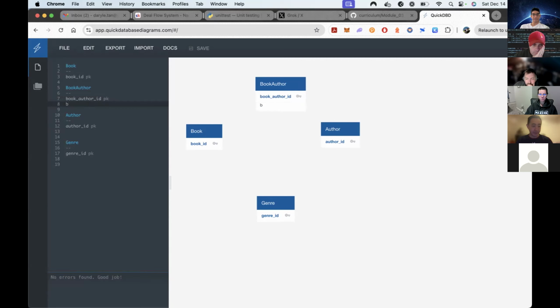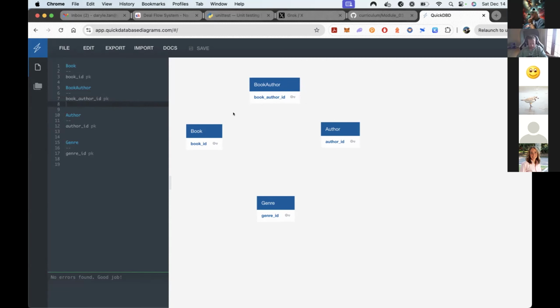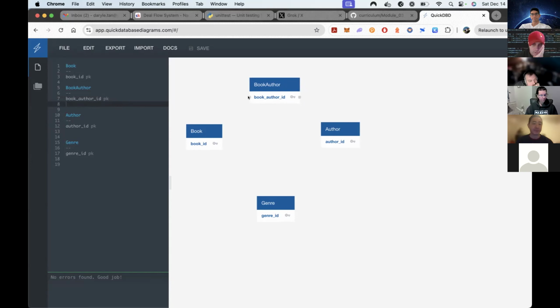So then we've got the PK. How can we connect book and author together using that book author table? There's going to be a foreign key to book, and then another foreign key to author.